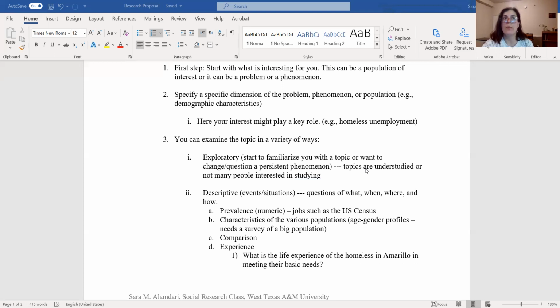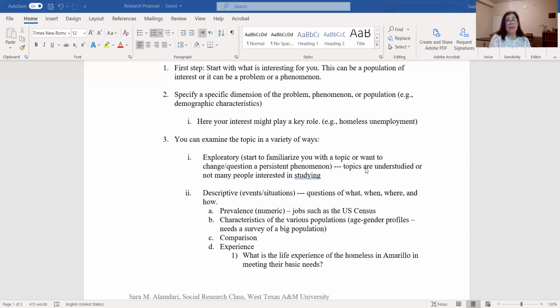For example, you might be interested to see the prevalence of a social problem. You might be interested to see how many homeless people live in the state of Texas. This kind of job is done by the US Census, and you may just be curious about the numbers.